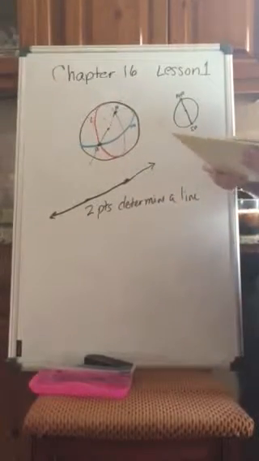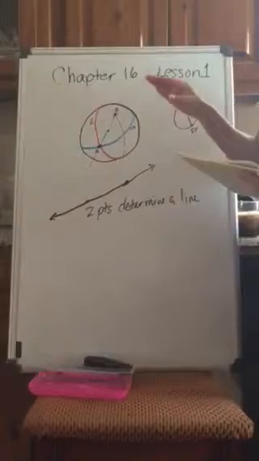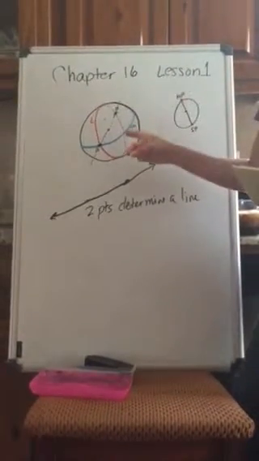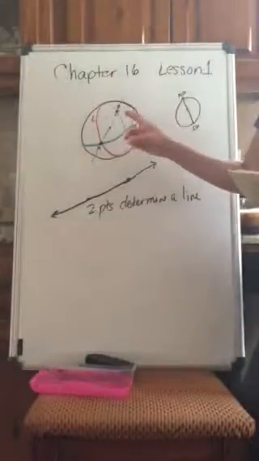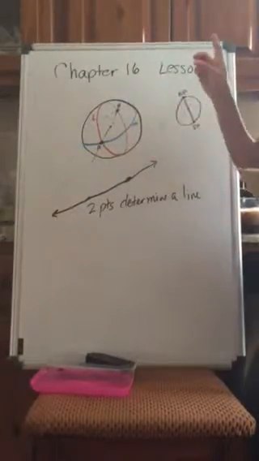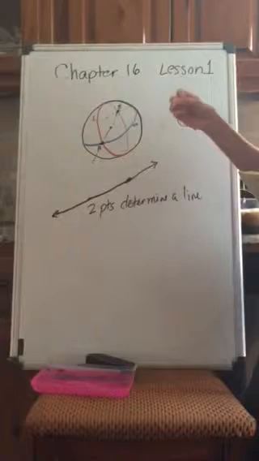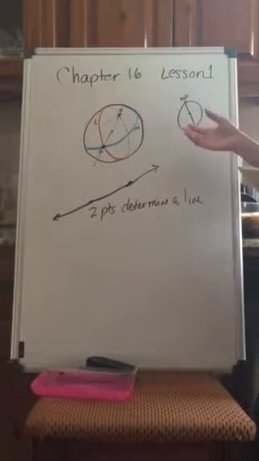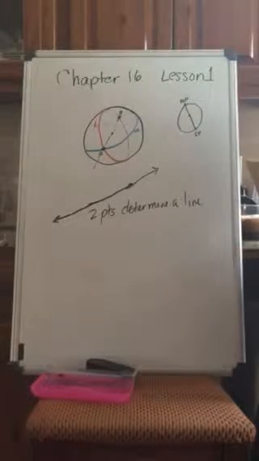So no line can be drawn on a sphere that is parallel to any other line, because on a sphere, every great circle intersects all the other great circles.